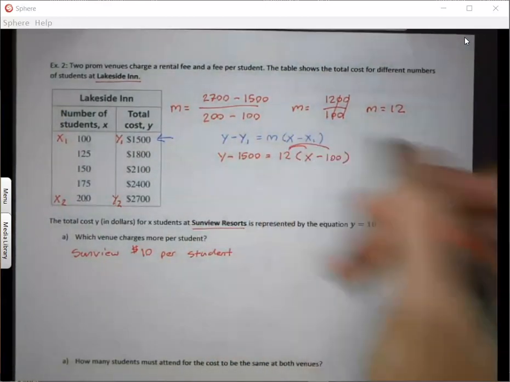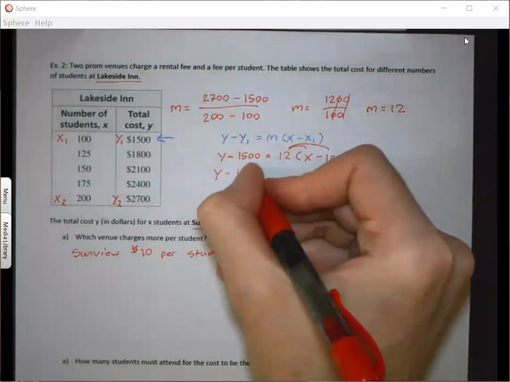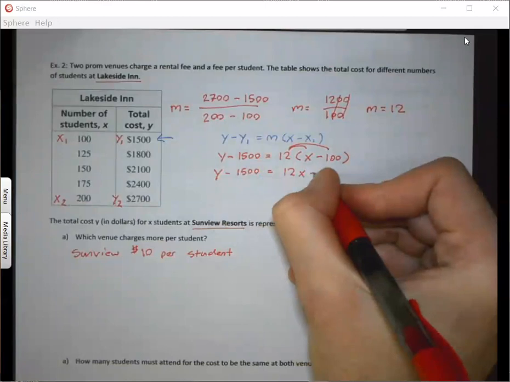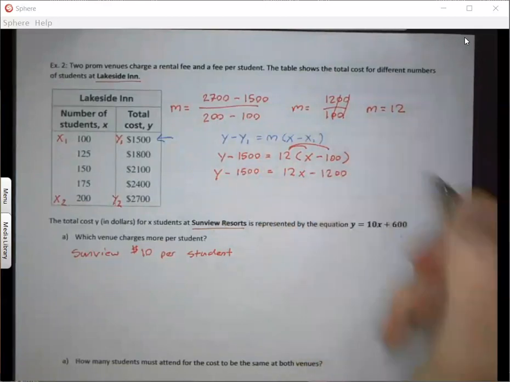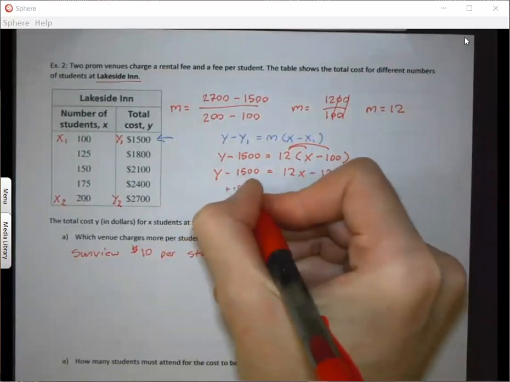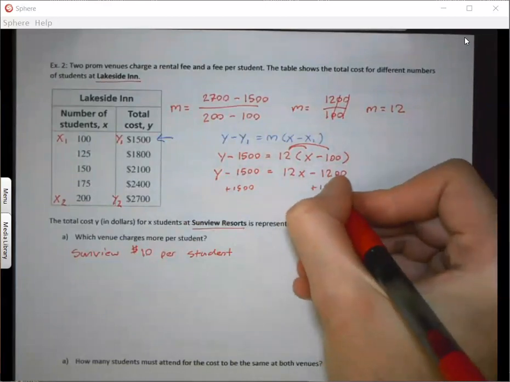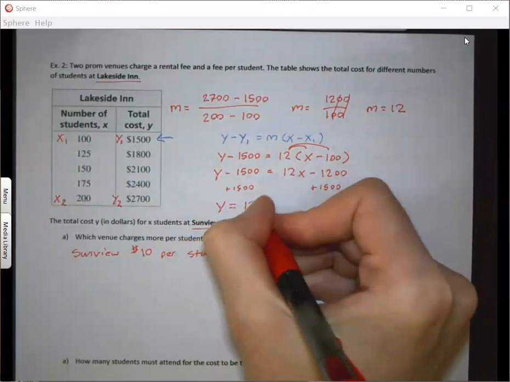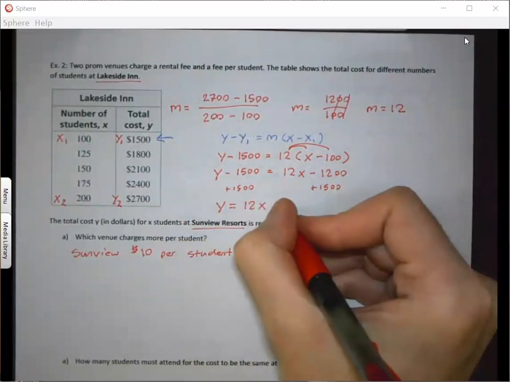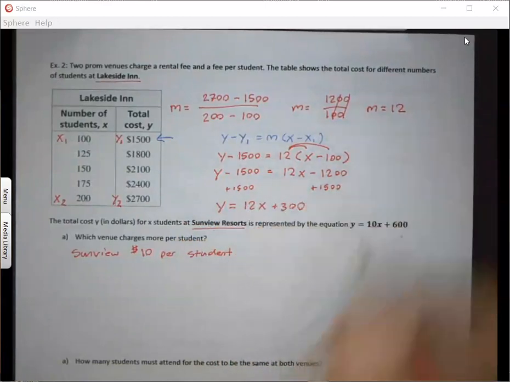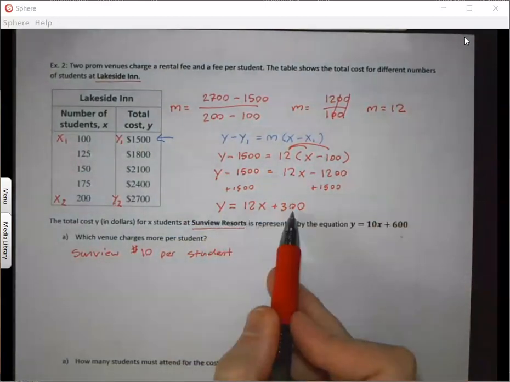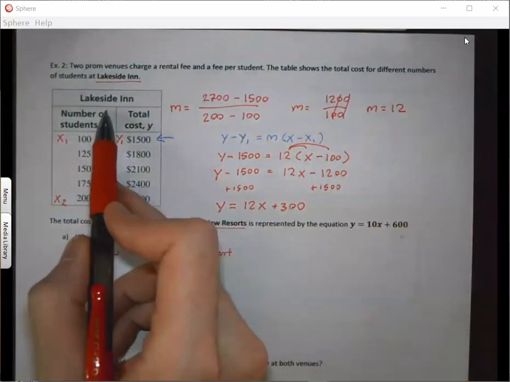Okay, to distribute. Add 1,500 to the side. So this equation describes the relationship for Lakeside.